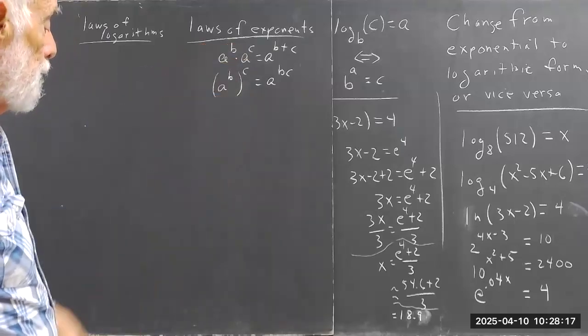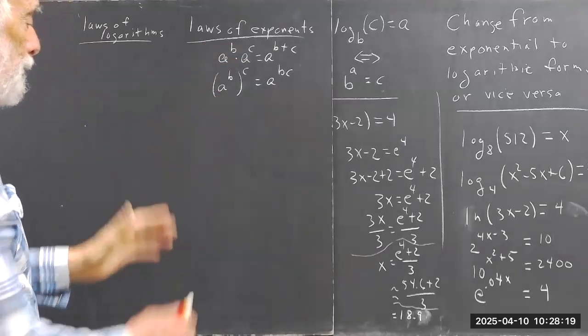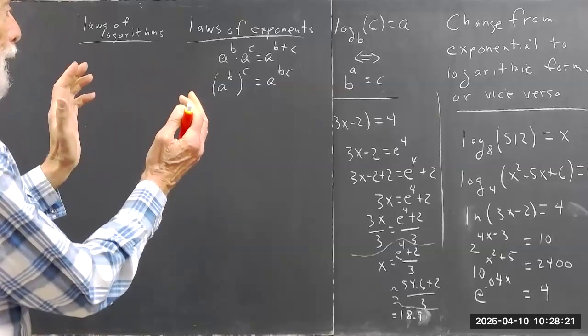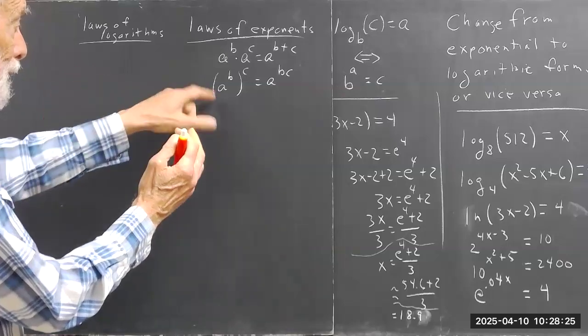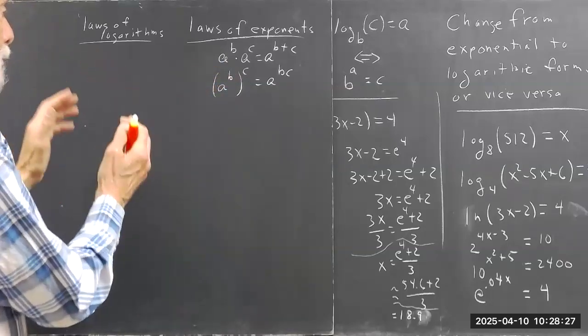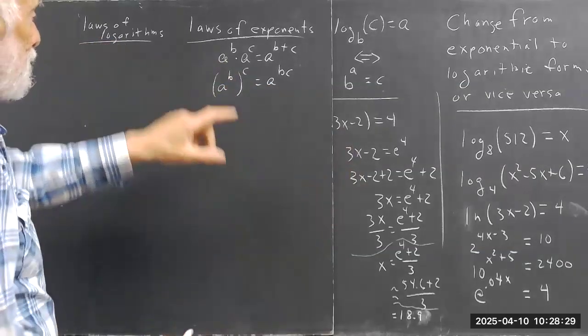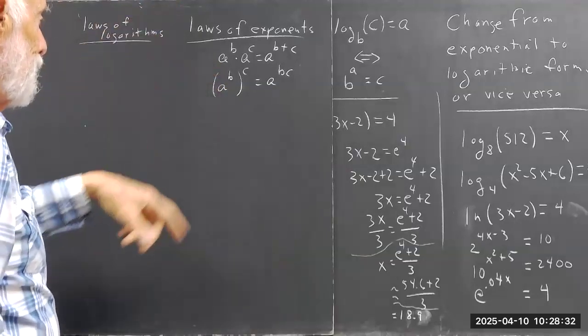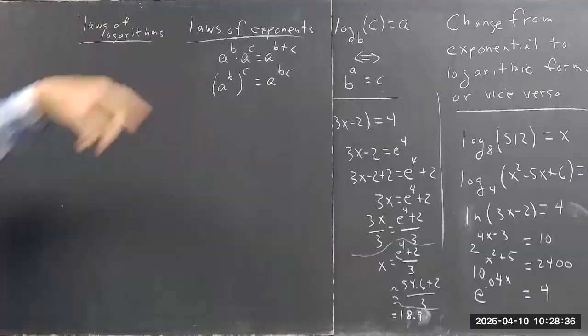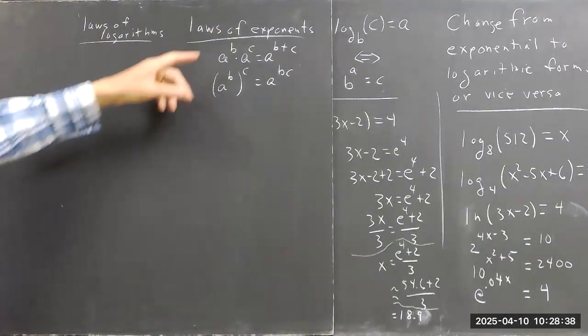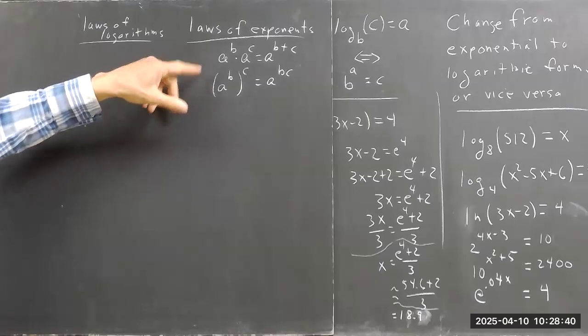What I said isn't precise, but it reminds you of why this is. A to the b raised to the c: a to the b is going to be like b a's in parentheses. And then raising that to the c, you're going to have c groups, each with b a's in it, which gives you b times c a's. That's just a review of why these rules work.